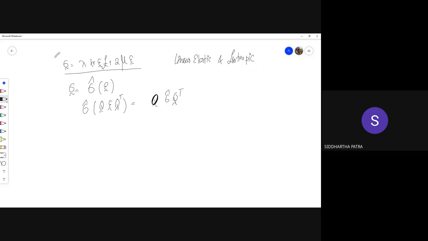First of all, this expression is by definition linear. You see, it involves a linear function, trace of epsilon, in the first term and simply the scalar multiplication of epsilon in the second term. So this obviously has to be a linear representation. That's obvious. But how do I know this is elastic?